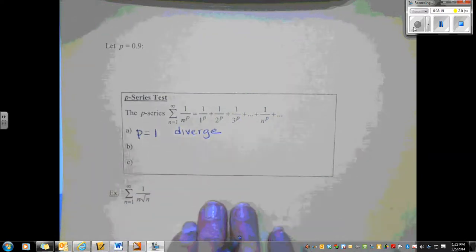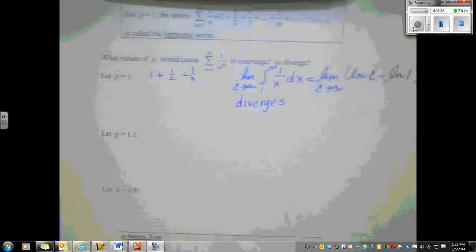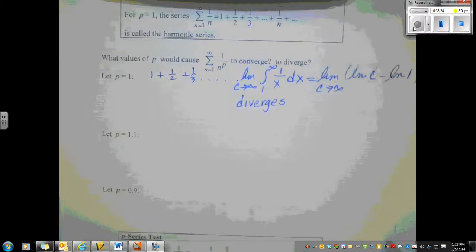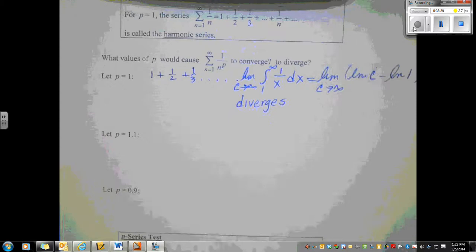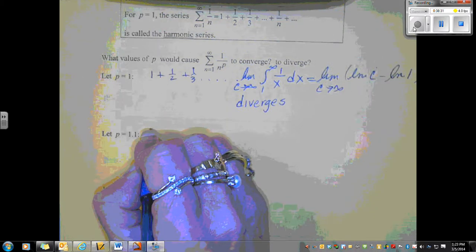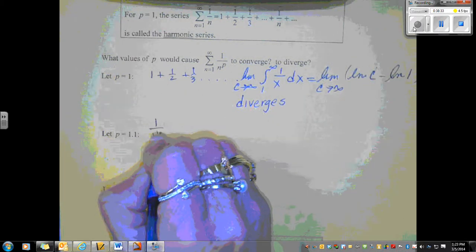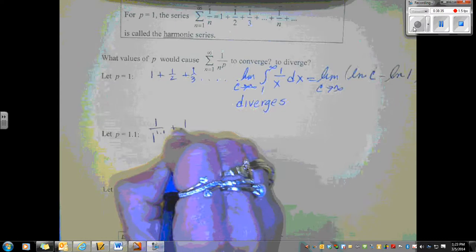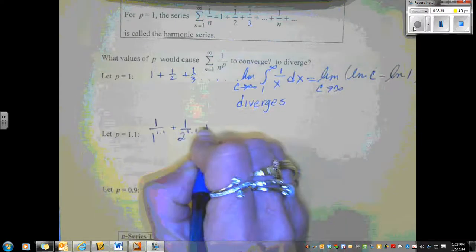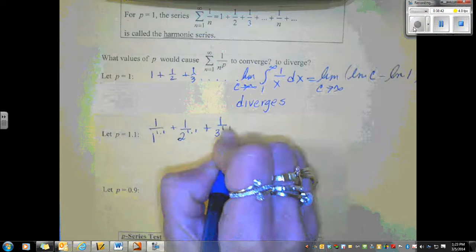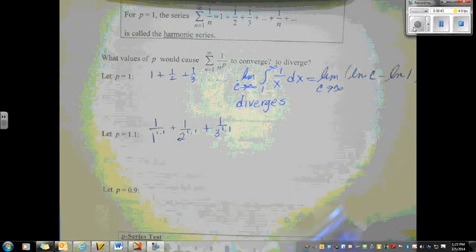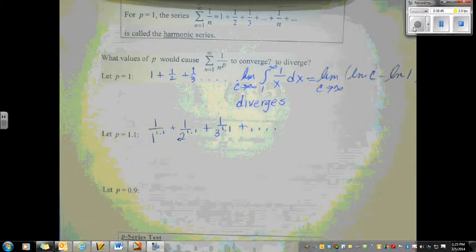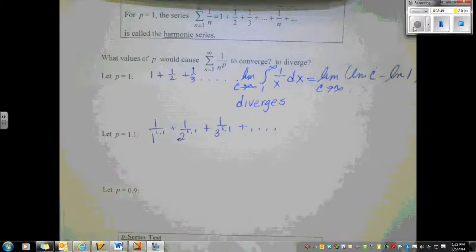Now, how about if I have 1.1? Well, I would have 1 over 1 to the 1.1 plus 1 over 2 to the 1.1 plus 1 over 3 to the 1.1, etc. If you go through all the tests, you find once again you only have the integral test to use.